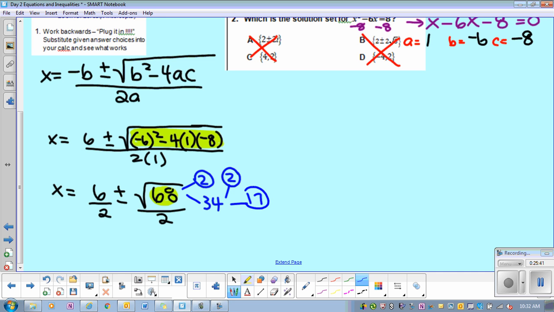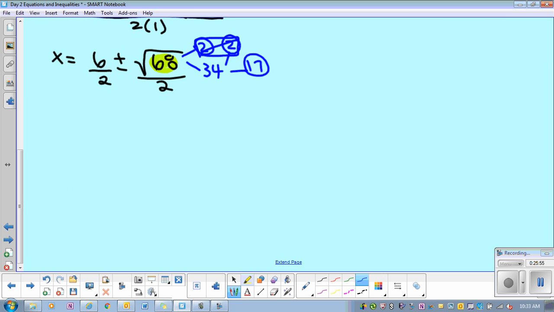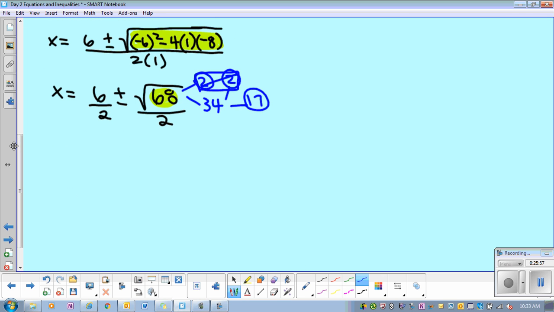All right. So how many do you need in a group to come out? 2. So look at that. You have 2 2s. So the 2 comes out. What has to stay in? 17.